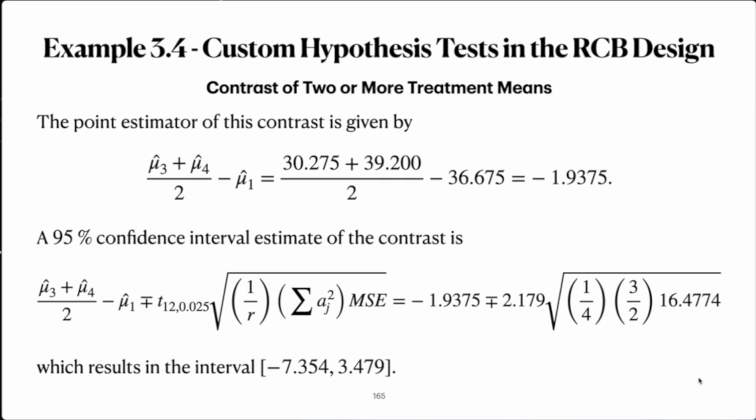But the form of that estimate of variation depends on whether or not we are looking at a contrast, because that determines whether the mean square for blocks is part of that estimated variation. Is it a contrast or not?